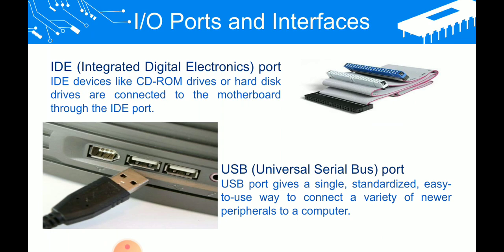This doesn't require to switch off the computer to connect devices to this port. For other ports, there is a chance that we have to switch off the system, then insert the connector to the port, and then switch on the system. But for the USB port, when the system is on, you can connect and it shows that the device is added.